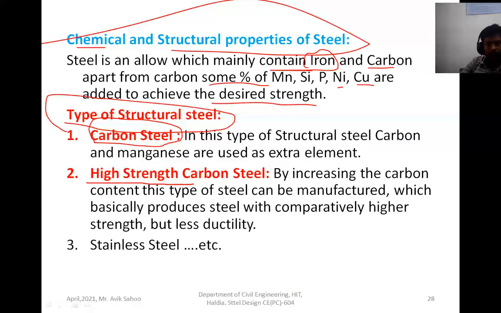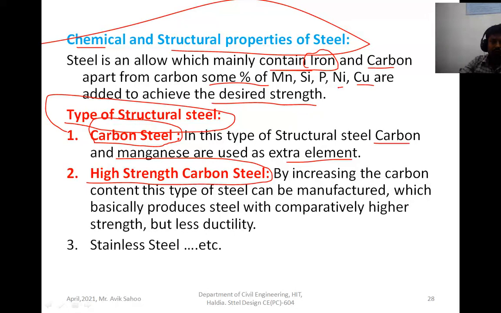Another type of steel is high strength carbon steel. In carbon steel, what is the chemical composition? In this type of structural steel we add carbon, then manganese as an extra element.